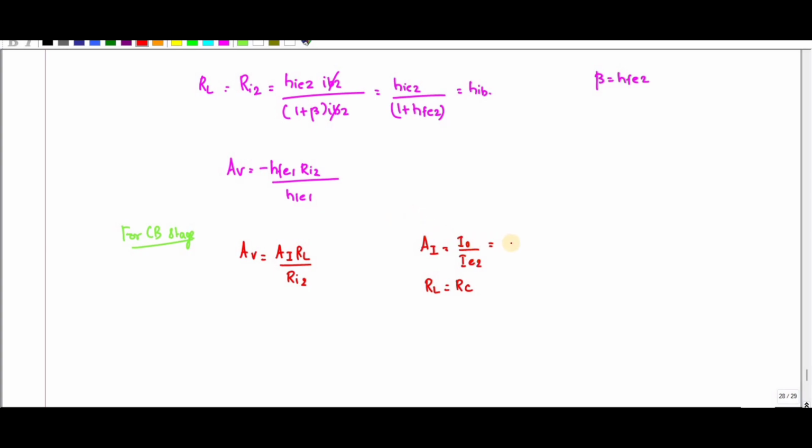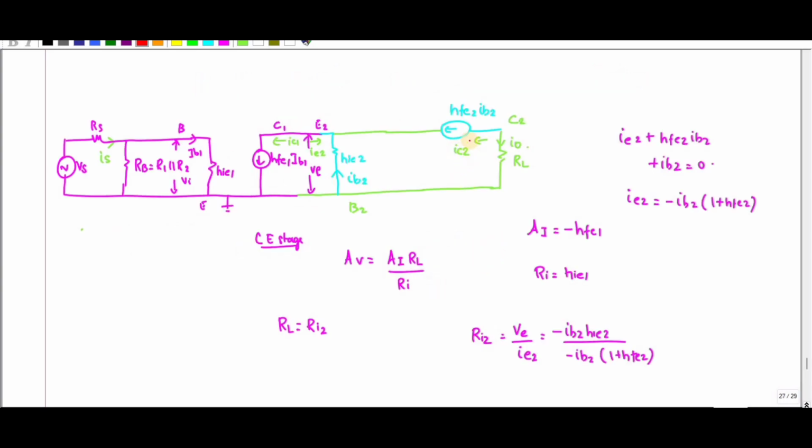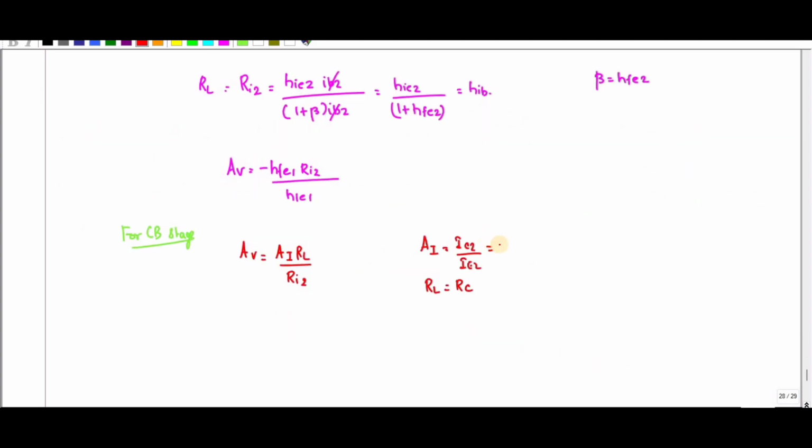So this is nothing but minus IC2 divided by IE2. AI is nothing but IC2 divided by IE2. Okay. So from the diagram I know the IC2 value. IC2 value is nothing but HFE2 IB2.